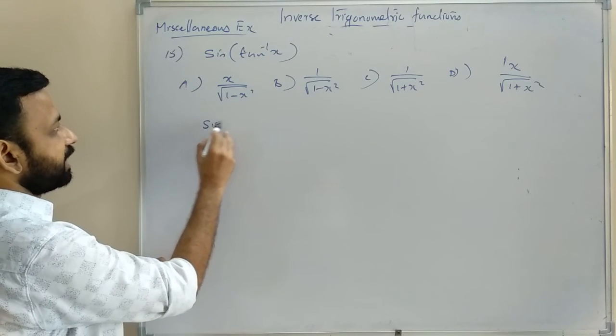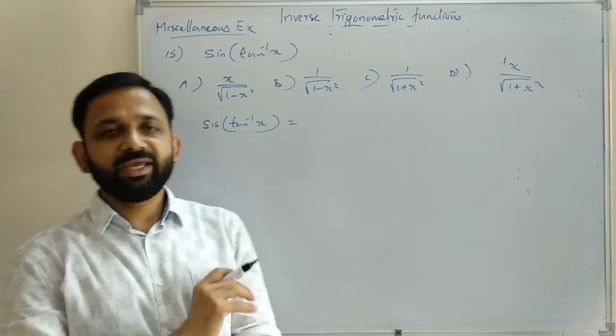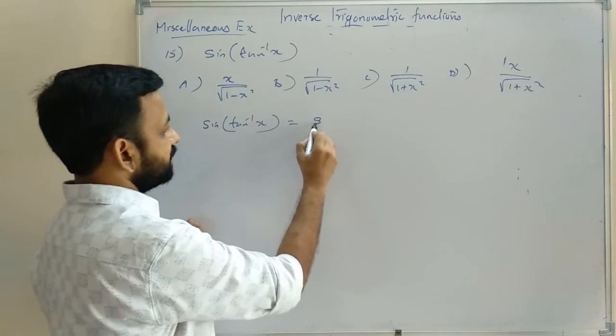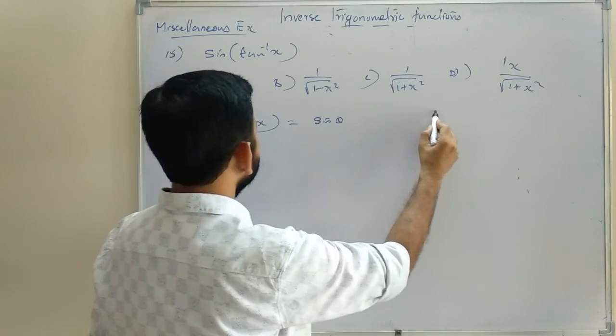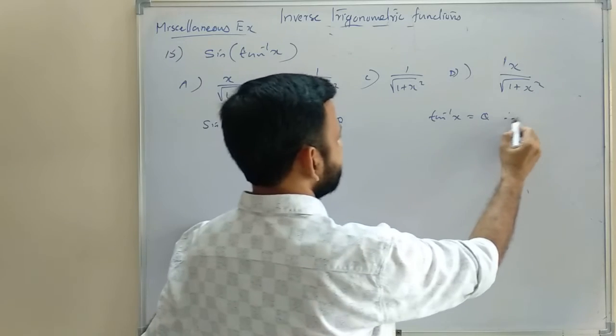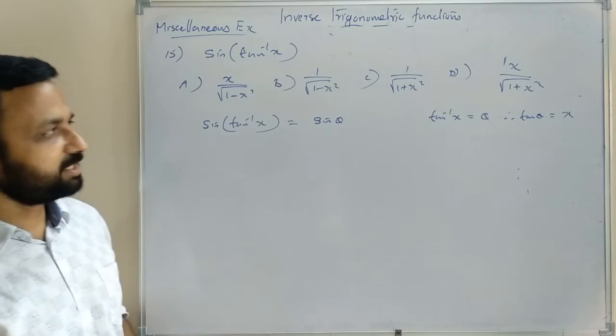We will write sin tan inverse x, where we take tan inverse x equal to theta. So that is sin theta. Therefore tan theta is equal to x. So we got sin theta, and tan theta is equal to x.